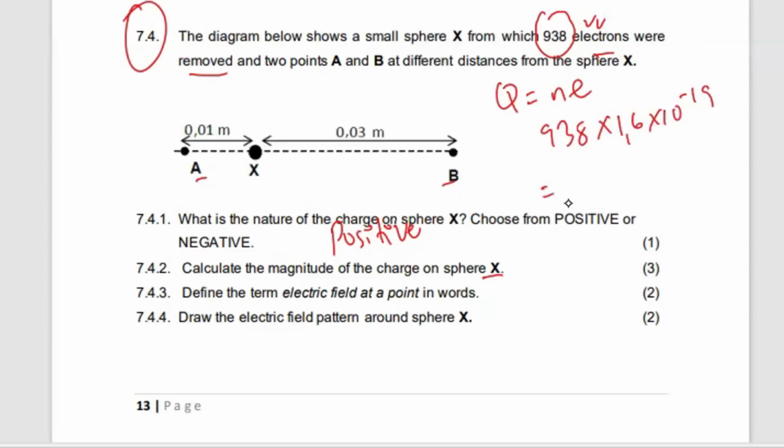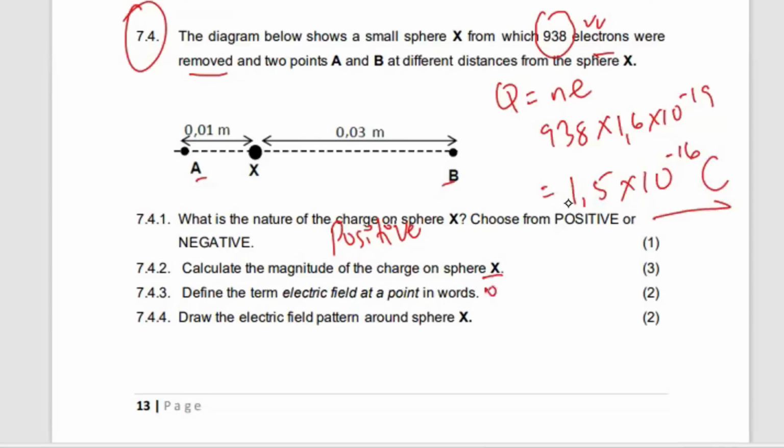When I punch that into our calculators, 938 times 1.6 times 10 to the negative 19, I'm getting 1.5 times 10 to the negative 16 coulombs. So that is the charge.